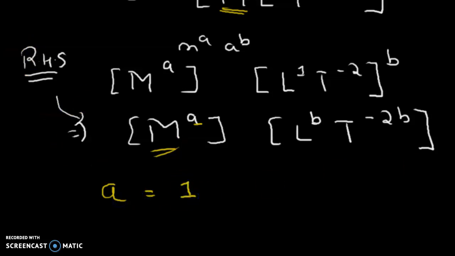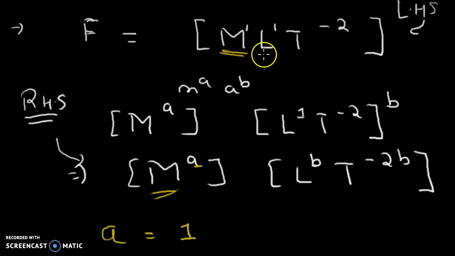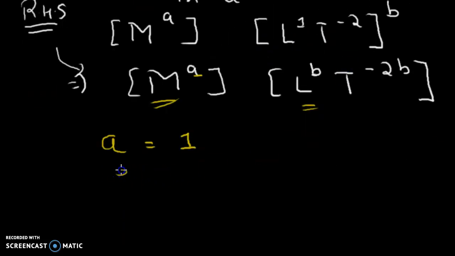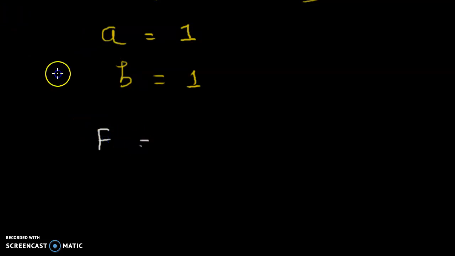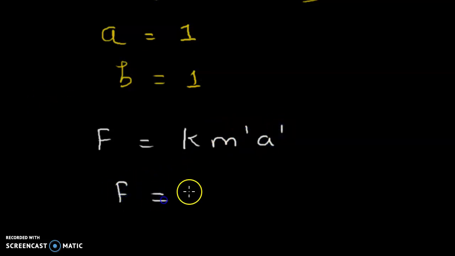The power of L here is 1, here is B, so you can also see that B is actually equivalent to 1 itself. So ultimately what would be the final formula? Force is equivalent to K times M to the power 1, a to the power 1. So this is the formula, K m1 a1.